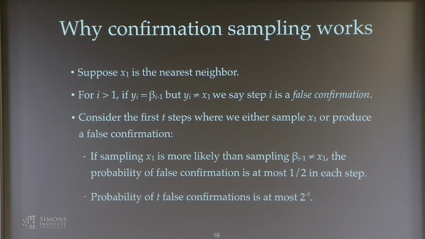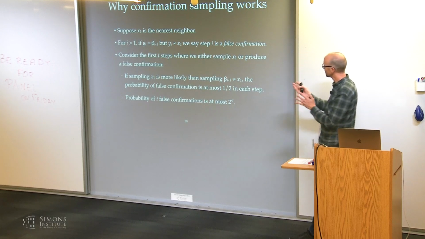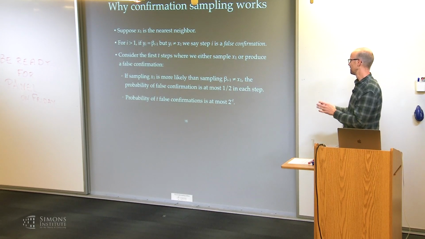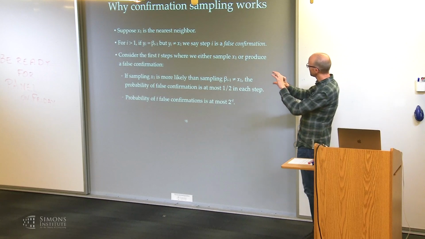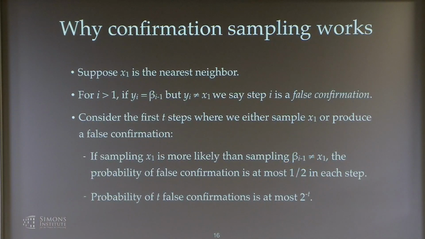And to make it more formal, you're saying you don't need to lose any more constants? No, we don't lose any constants. To make it more formal, you need to split the probability space into cases, according to which steps these confirmations happen, and so on. But in each of these cases, you can do this analysis.